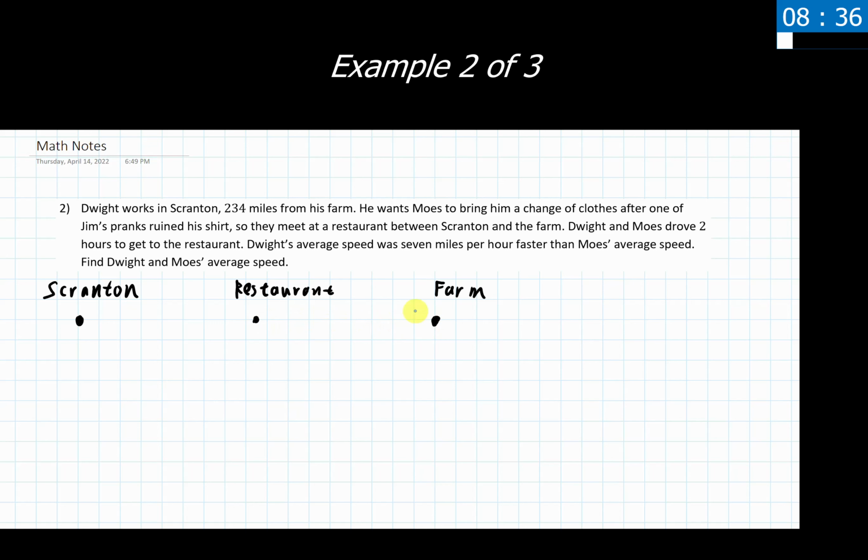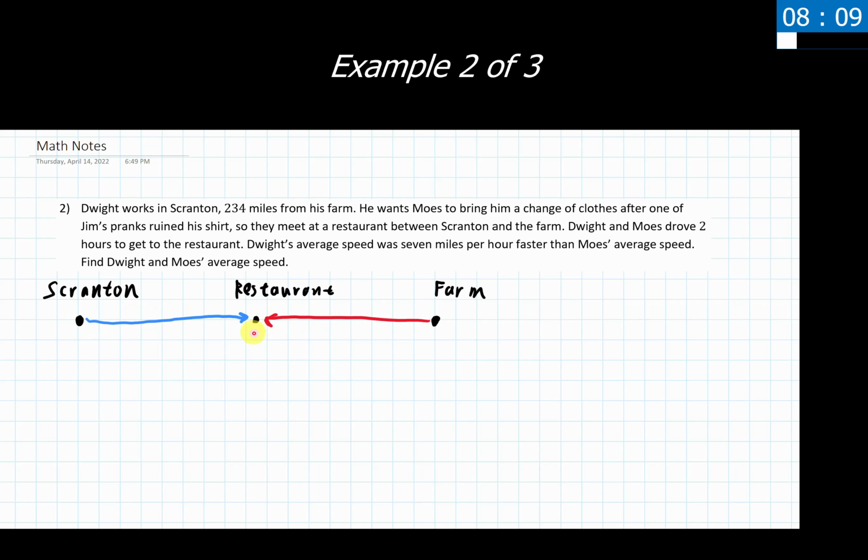So we can't make the assumption that the distance traveled here is the exact same as the distance traveled here. So if we have Dwight traveling from Scranton to the restaurant, we have Mose traveling from the farm to the restaurant, cool. I happen to have drawn this thing with the restaurant being pretty much in the middle. However, when I'm actually going through and solving this thing, nothing in here has told me how far from Scranton the restaurant is or how far from the farm this restaurant is.